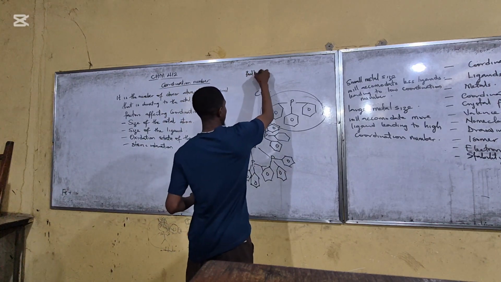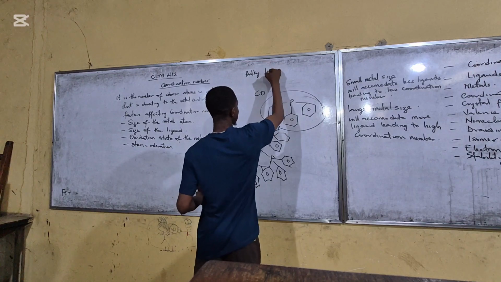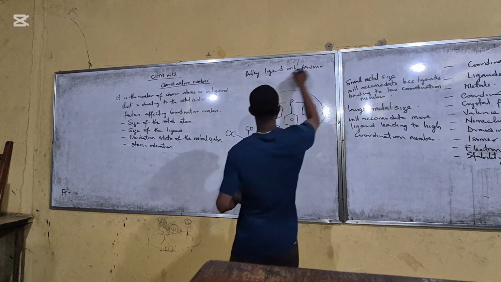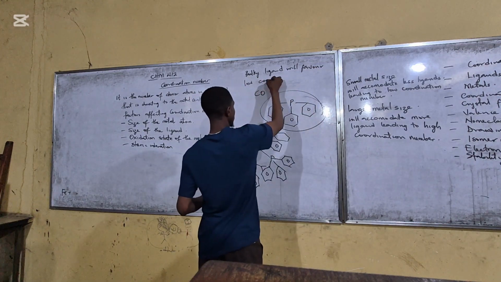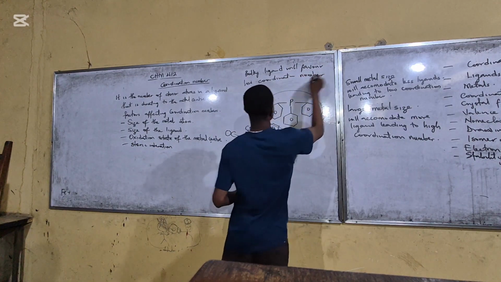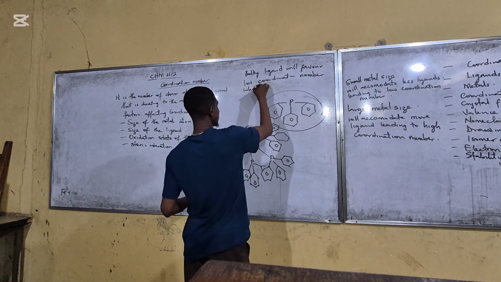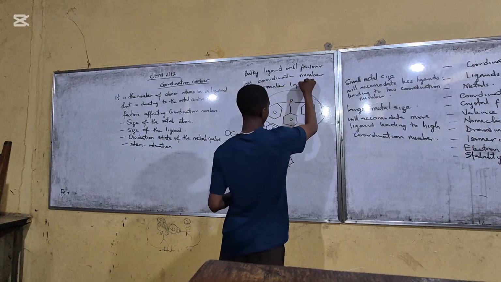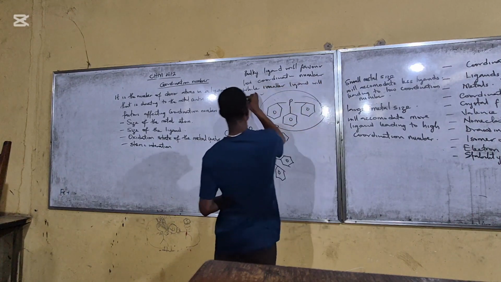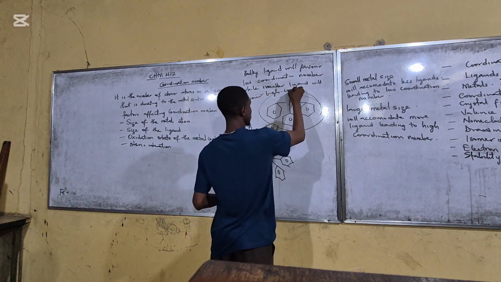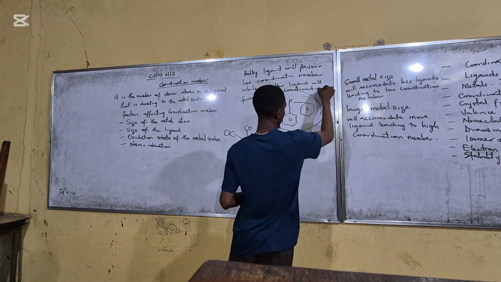Bulky ligands will favor low coordination number, while smaller ligands will favor high coordination number.